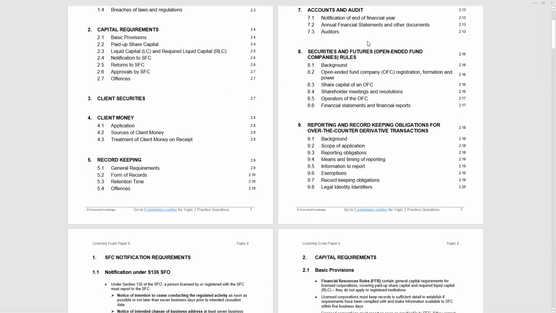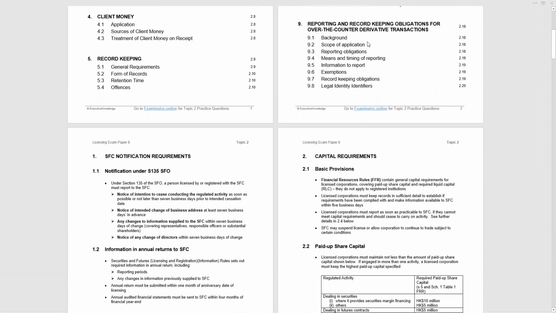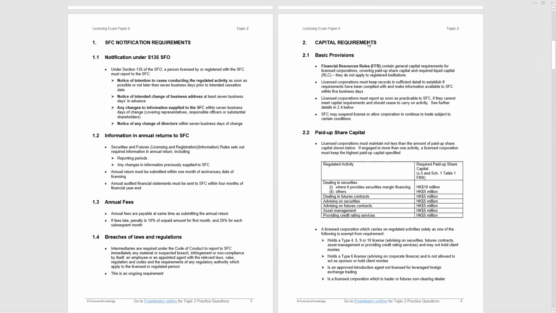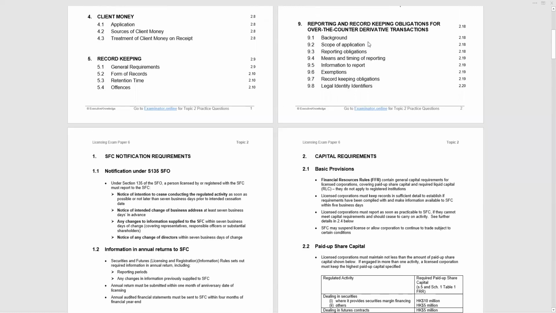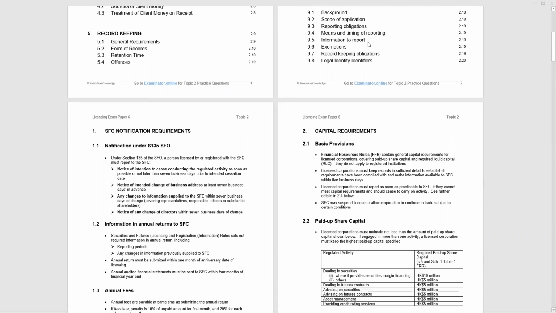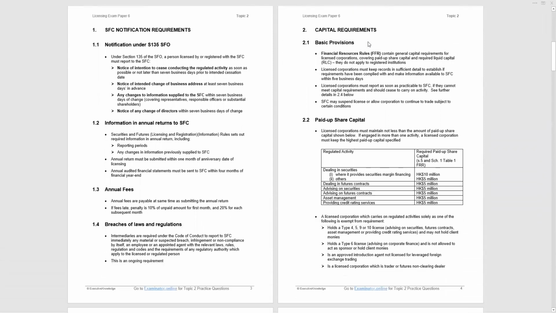And those are the 9 sections that we will be dealing with in topic 2. There is actually 1 more. It's actually, no, I beg your pardon, 9.8, legal identity identifiers come under section 9, but as you'll see, it's almost a one-off on its own.